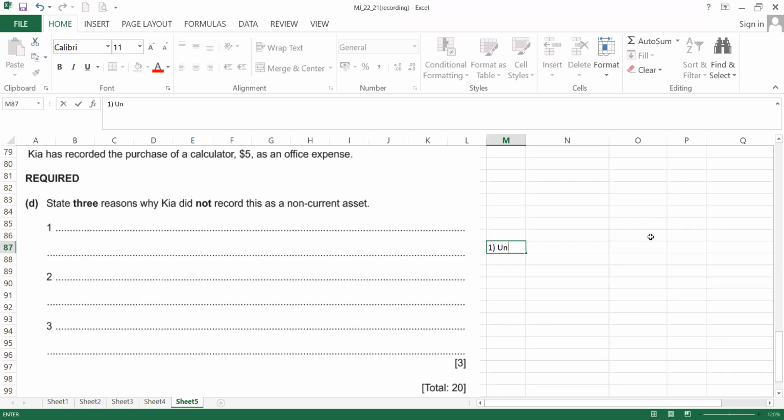So you can say that under the materiality principle the calculator is immaterial and insignificant, and the amount is insignificant.